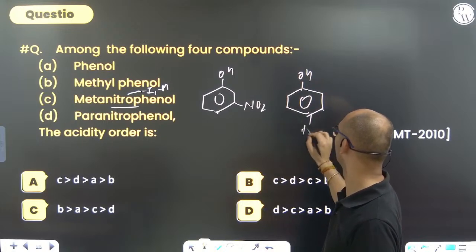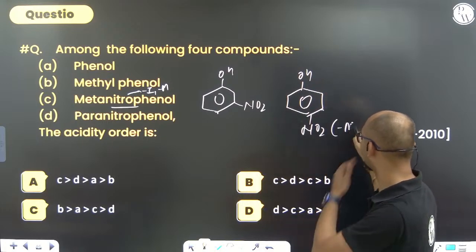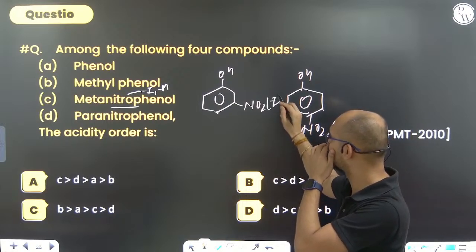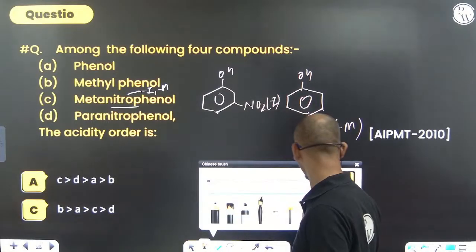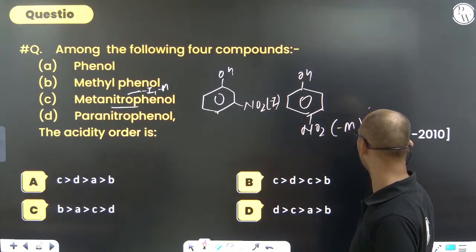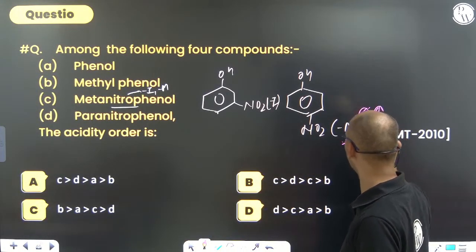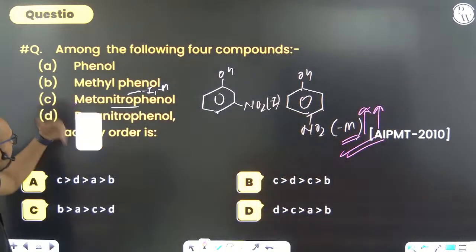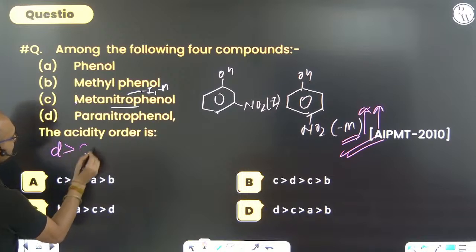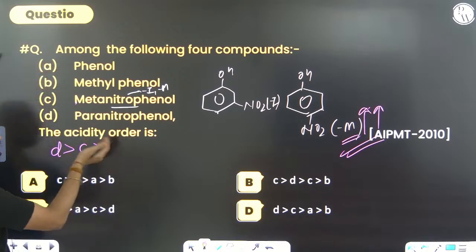Here minus M effect is there, while at meta only minus I effect is there, because at meta minus M effect does not work. Of course, the para minus M effect is the stronger effect, so acidic strength will be increased more. So D is more than C, then methylphenol.